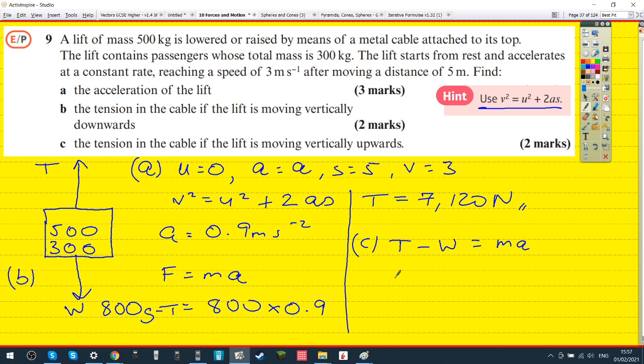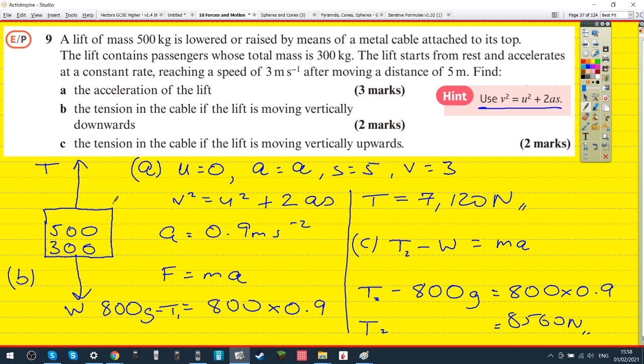So would it be T minus 800g equals 800 times 0.9? 800g, sorry, yeah. I got 8,560 newtons.